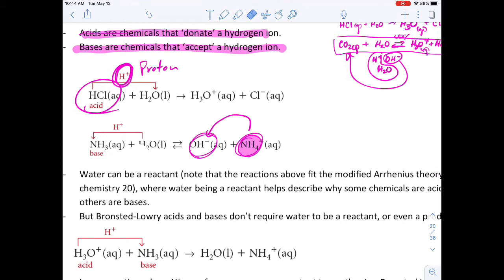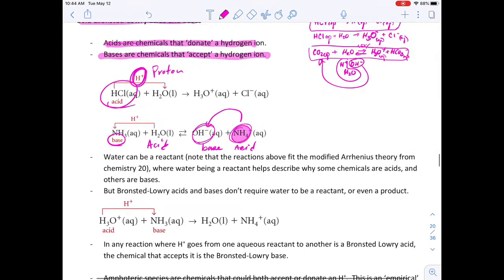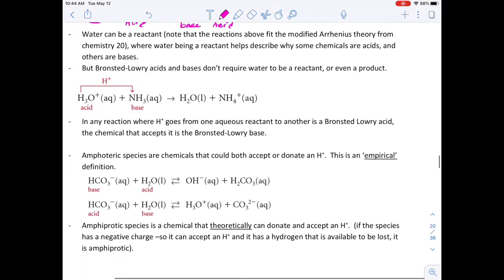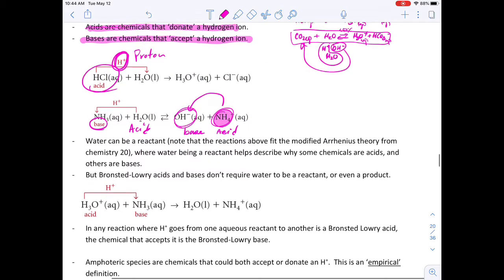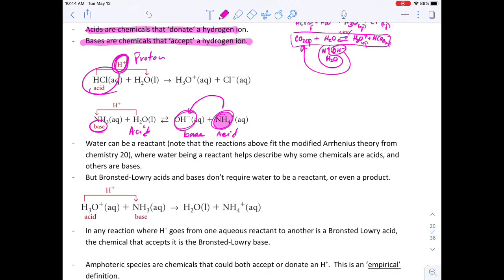In this case, this was my acid in the reactants and this is my base in the reactants. But in the products, this is my acid and this is my base. This allows us to describe things together. We're also going to get some things that we call acid-base pairs, and we'll describe that in a moment.